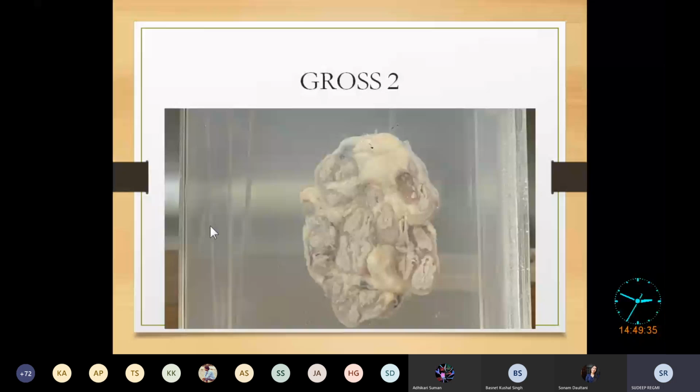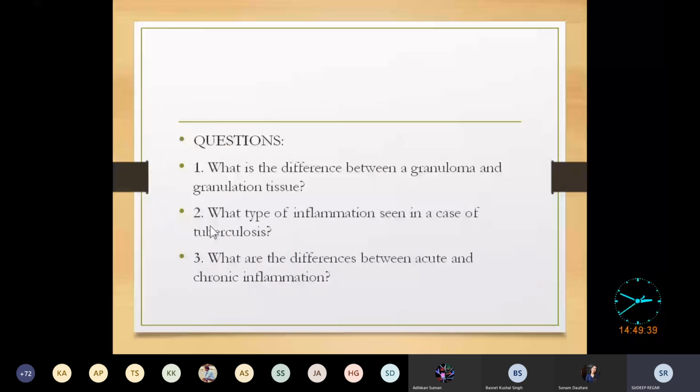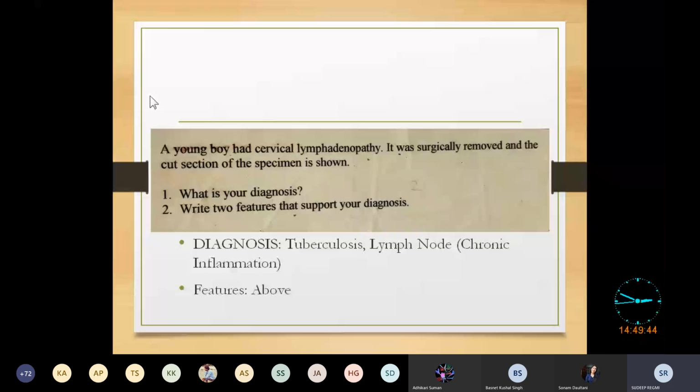A question will come like this: a young boy had cervical lymphadenopathy. It was surgically removed and the cut section of the specimen is shown. That means you have to identify the matted appearance and the caseous necrosis. Then what is the diagnosis? Diagnosis is tubercular lymph node, which is a chronic inflammation.